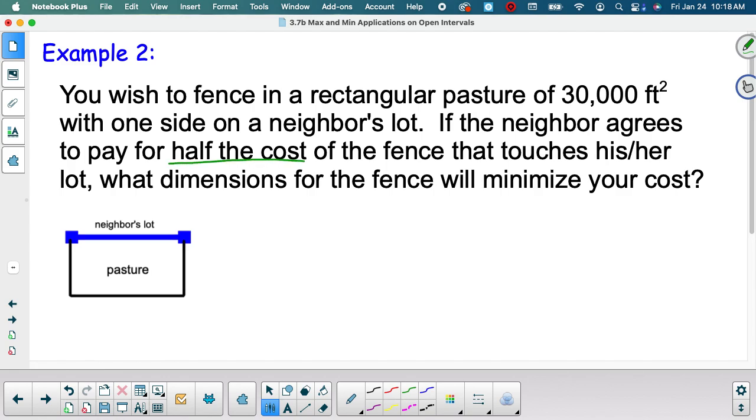So if I think of this side as X right here, maybe I think of this side as Y right here. I got to pay for X. I got to pay for Y. Actually, I got to pay for Y over here too because that's not the neighbor's. But what about the neighbor's side here? Well, whatever X might be, the neighbor's side is going to be one half of X. Does that make sense?